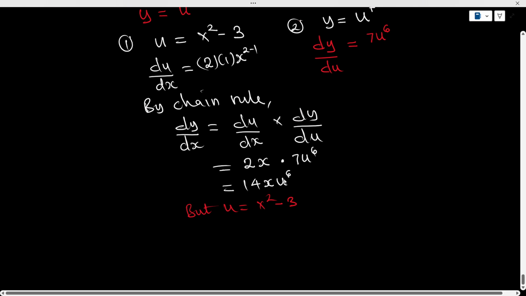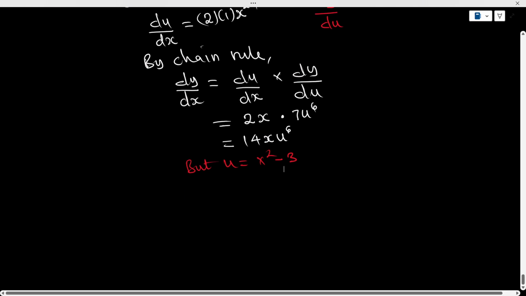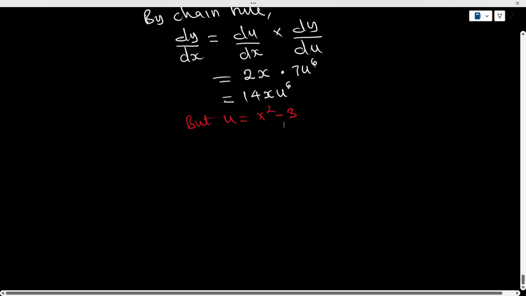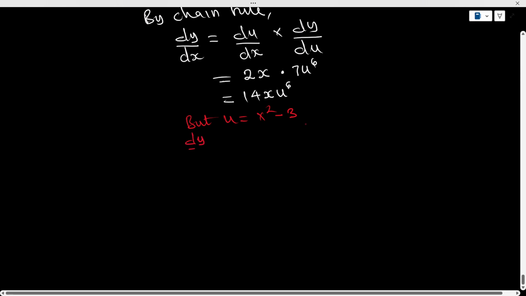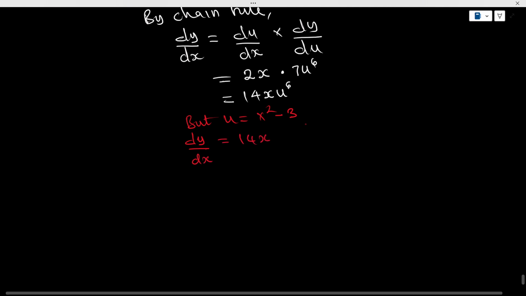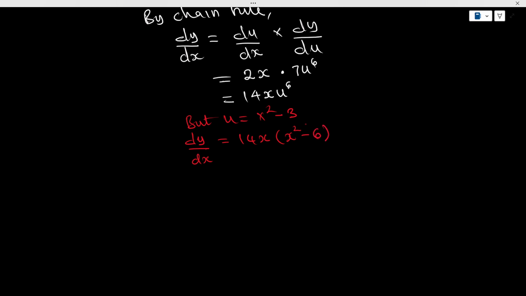So I can replace this u here with x squared minus 3, and that will give me this value: dy over dx should be 14x times x squared minus 3 raised to the 6th power, and this should be the answer.